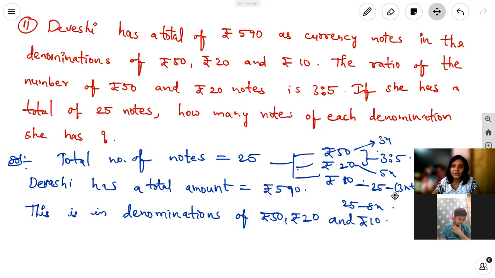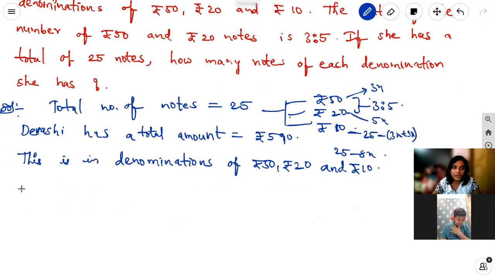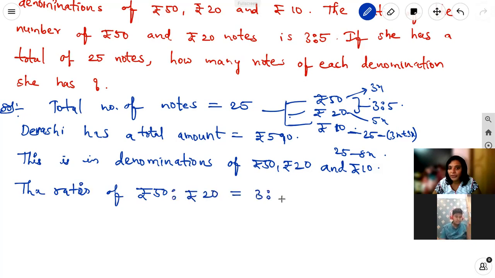Next, what have they given? The ratio of 50 rupees to 20 rupees equals 3:5.